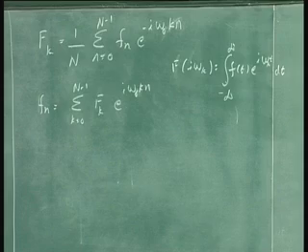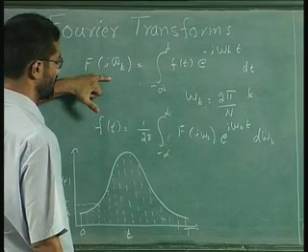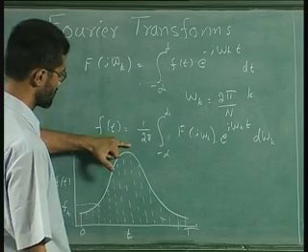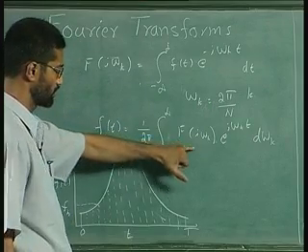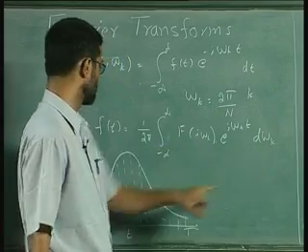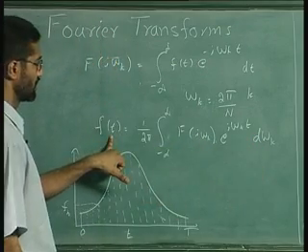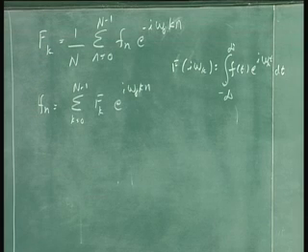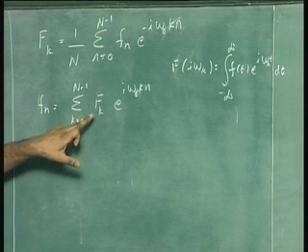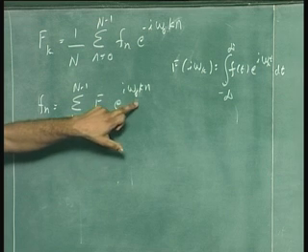So this continuous transform is now turned into a discrete sum, and the inverse transform, which is F(iω_k) e^(iω_k t) dω_k for every t, is now written as f_n equals the sum over k going from 0 to N minus 1 of F_k e^(iω_0 k n).